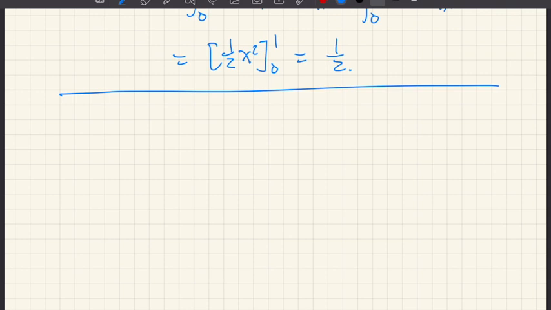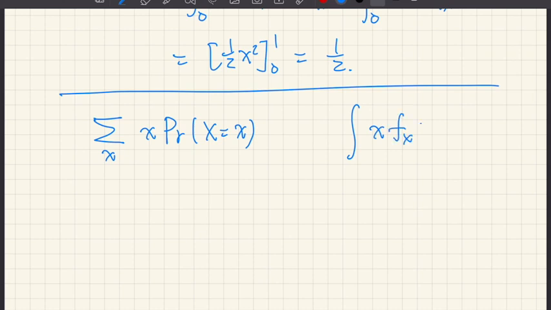And you must have noticed the similarity between summation and integrals. In the case of a discrete random variable, we define it like x times Pr(X equal to x). And in the case of a continuous random variable, we define it like x f(x) dx.